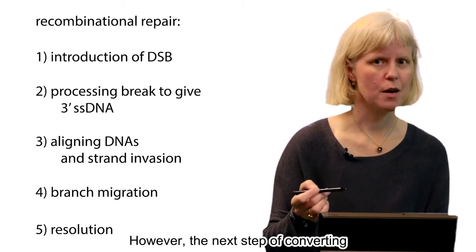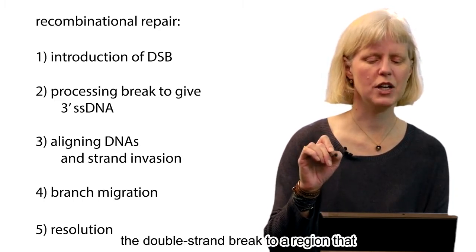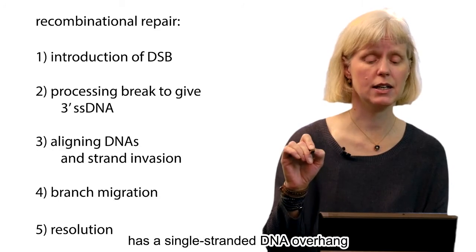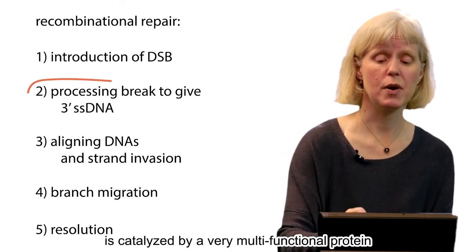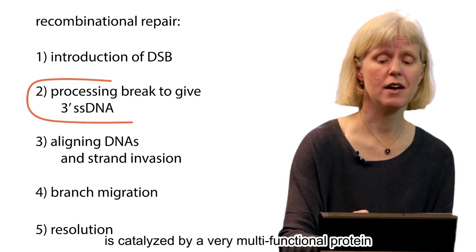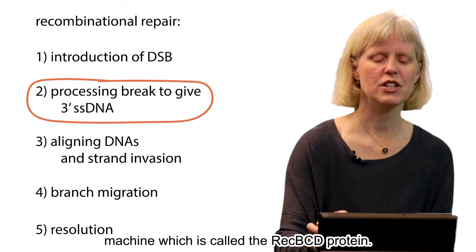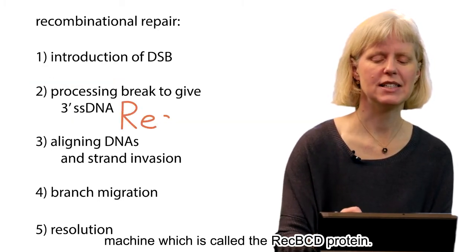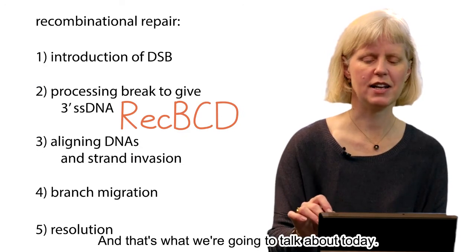However, the next step of converting the double-strand break to a region that has a single-stranded DNA overhang is catalyzed by a very multifunctional protein machine, which is called the RecBCD protein, and that's what we're going to talk about today.